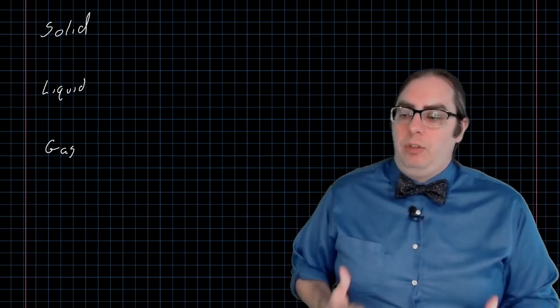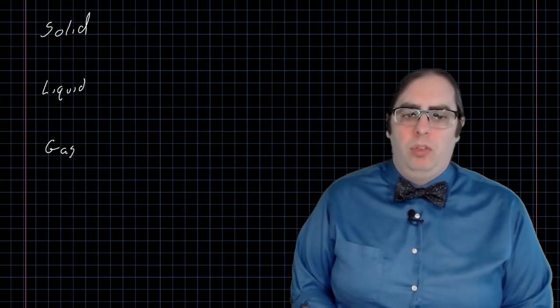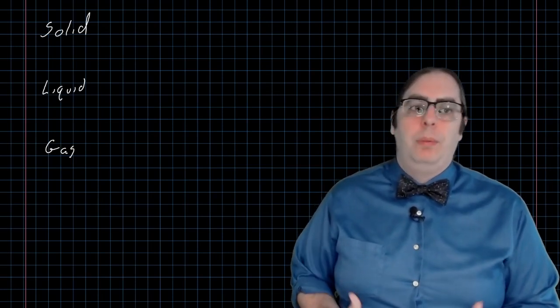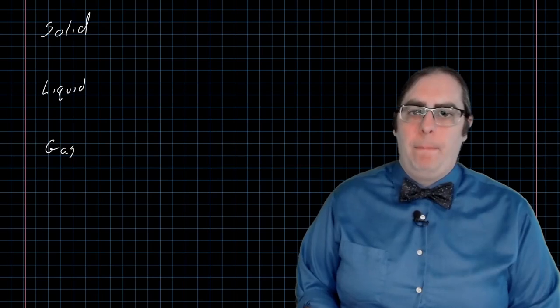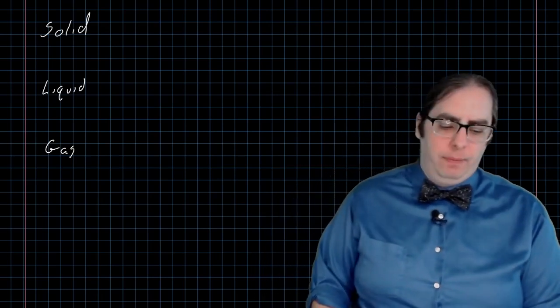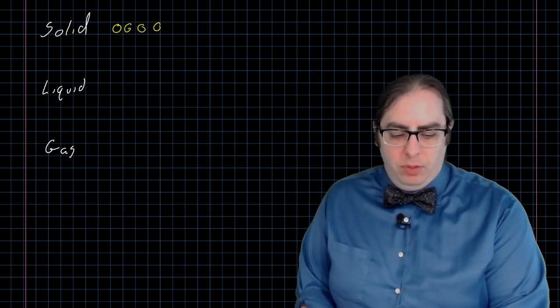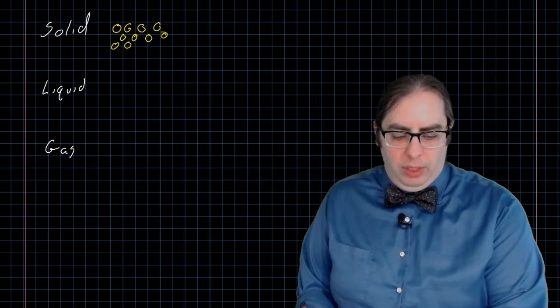But generally speaking, a solid, a liquid, or a gas is a description of how the molecules or atoms that make up the matter are grouped together. In a solid, you typically have atoms that are very closely spaced to each other.